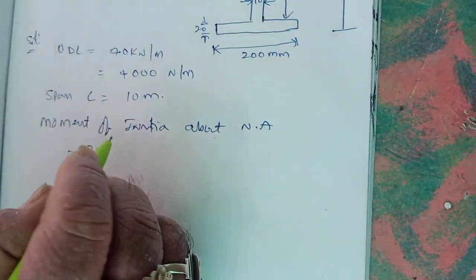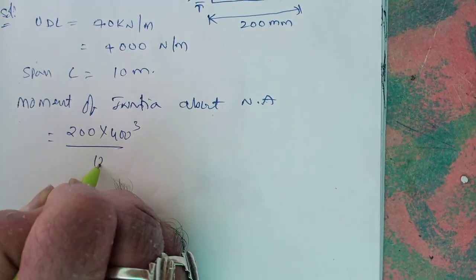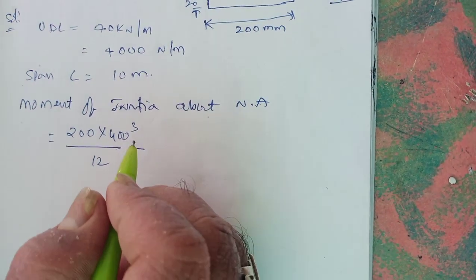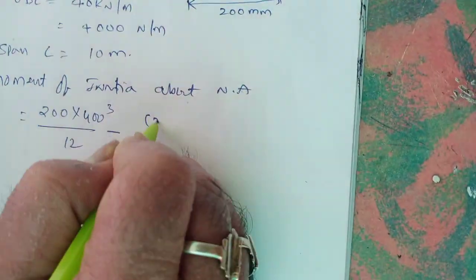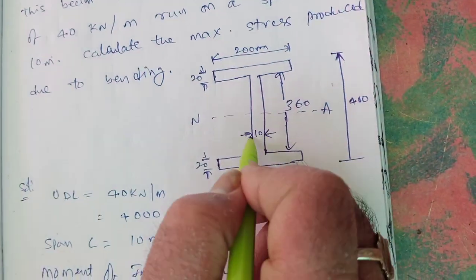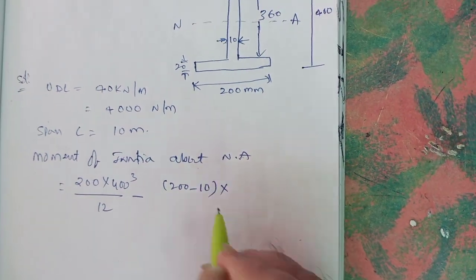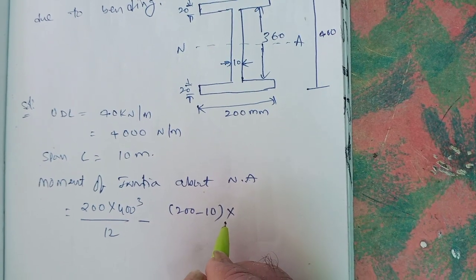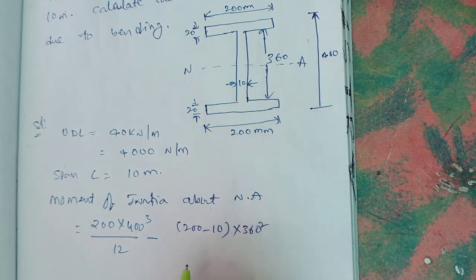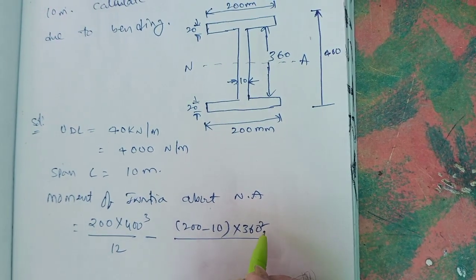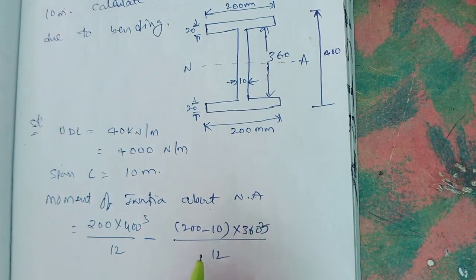It is 200 into 400 cube by 12, minus, for the web, 200 minus 10, that is the width, into the height of the web, 360 cube, divided by 12.